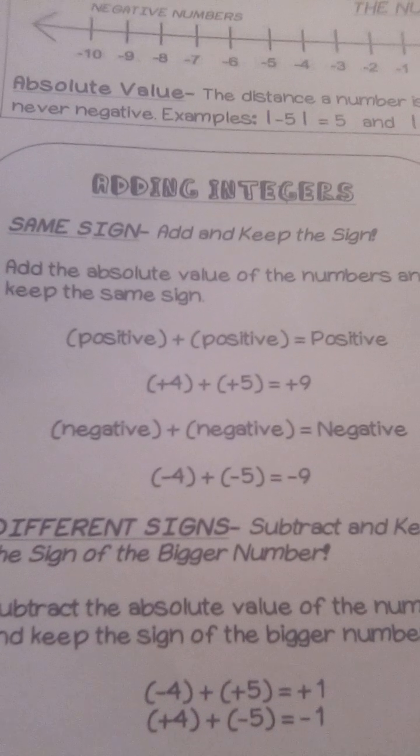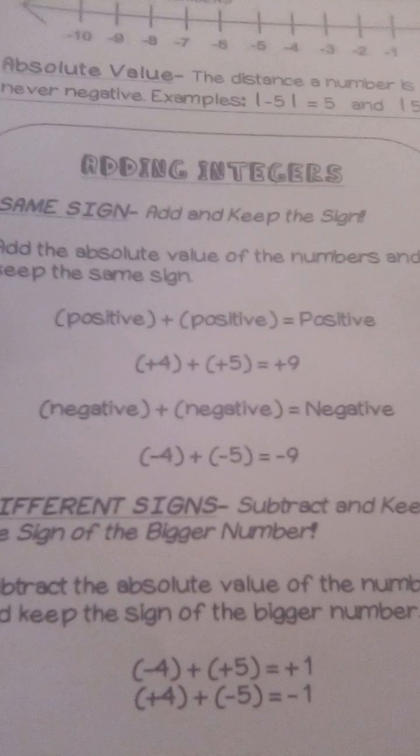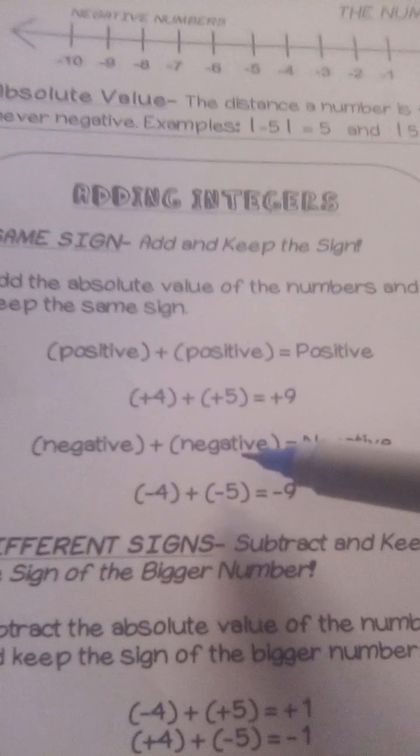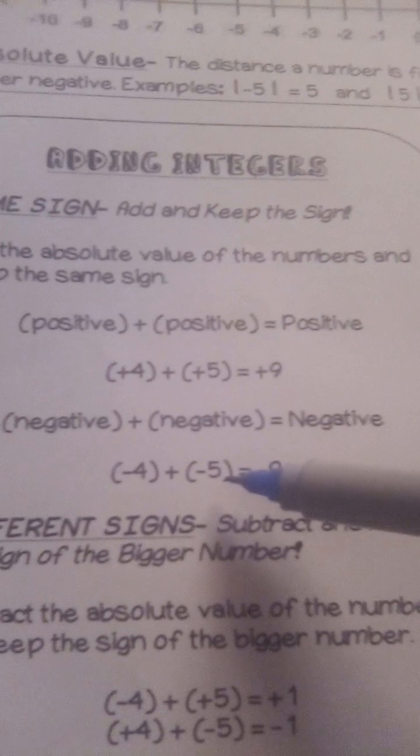Add the absolute value of the numbers and keep the sign. A positive plus a positive equals a positive, right? That's an example of one of the problems that I have here. A negative plus a negative equals a negative. It's similar to the ones you see right here, right?